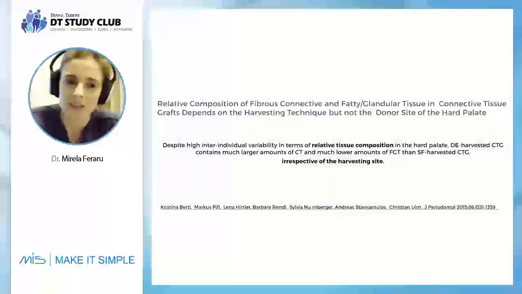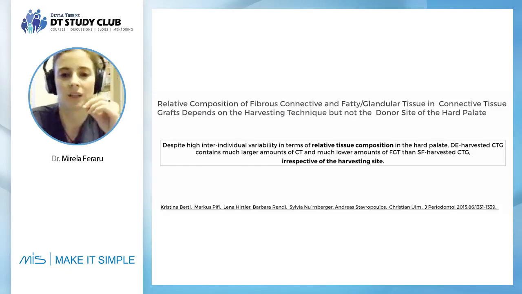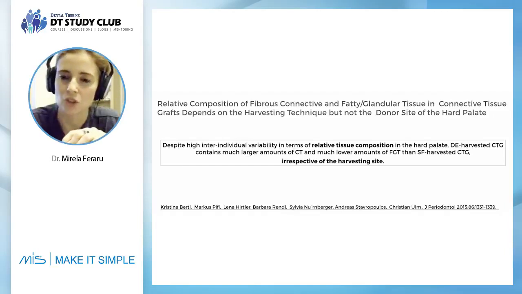A very interesting article that was published recently in 2015 by Christina Berg showed that although we have a big variability when it comes to tissue composition in the palate, just by the technique itself, deepithelialized connective tissue grafts will always have a bigger amount of thick connective tissue and less fatty glandular tissue, which we are used to seeing when we take, for example, a single incision subepithelial connective tissue graft.